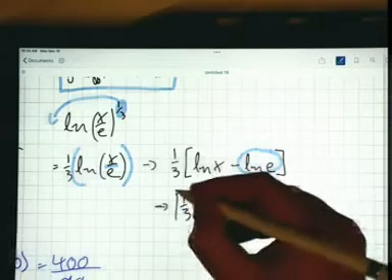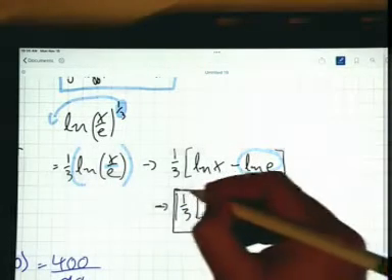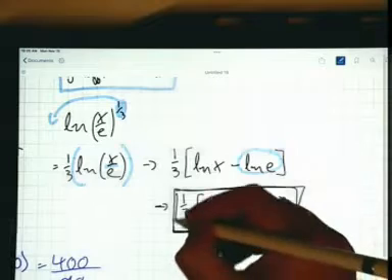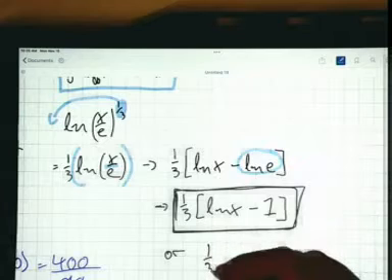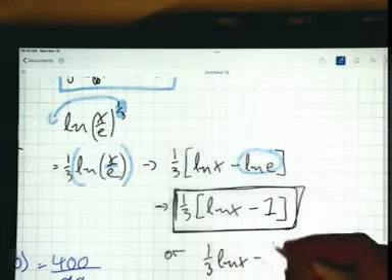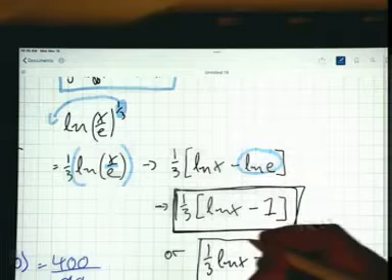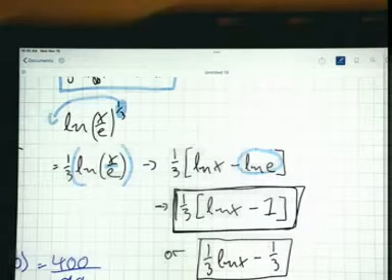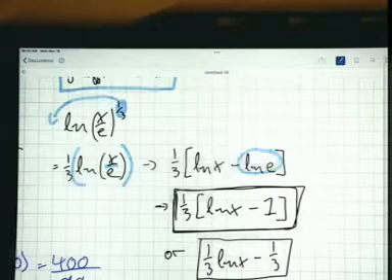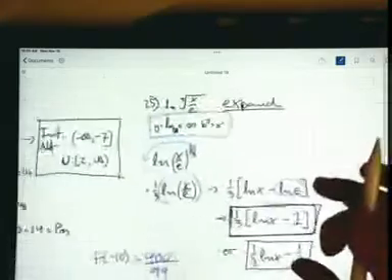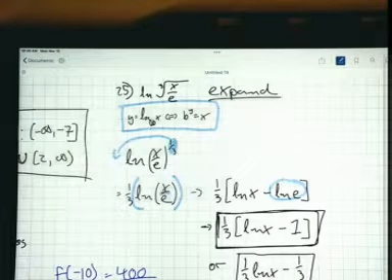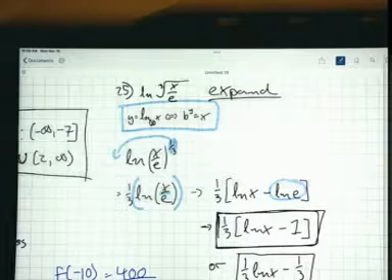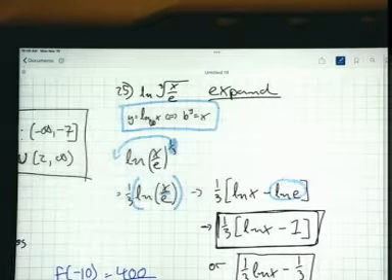I would accept this answer. Or you could go ahead and distribute that 1/3. I would also accept that. Which is the better answer? I don't know. That's up for debate. So I apologize, I misread the initial problem, but does that make sense how you would expand that logarithm? Okay, good. What else can we look at?